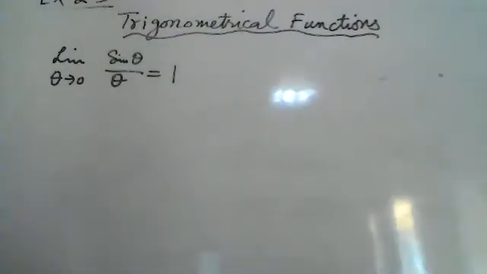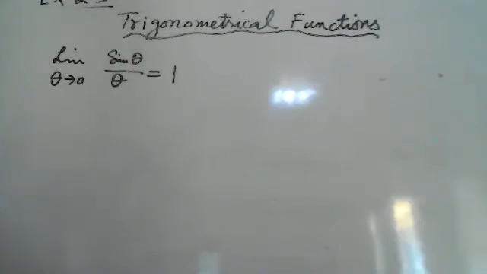All the trigonometrical functions will be converted in such a way that sine of any angle is divided by the same angle, and that angle tends to 0. Then the limit will become 1.